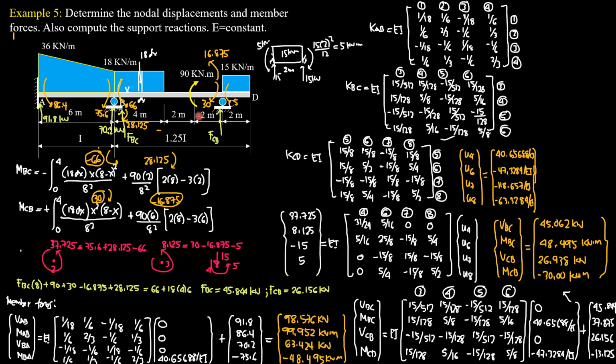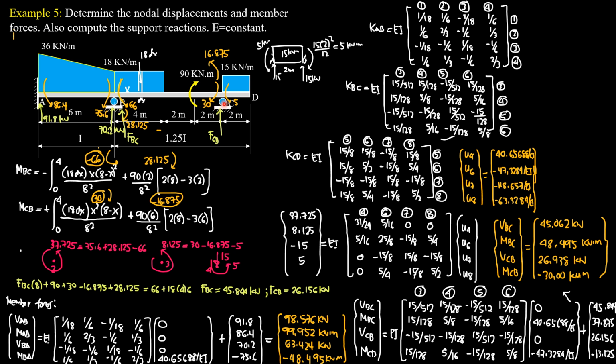Again, 30 minus 5 minus 16.875 is positive 8.125 clockwise, the net fixed end moment, but the load is opposite to clockwise, so counterclockwise, and that's positive 8.125. Finally, at D, the load is 15 downward, and there is a clockwise 5, so counterclockwise 5. That's positive.